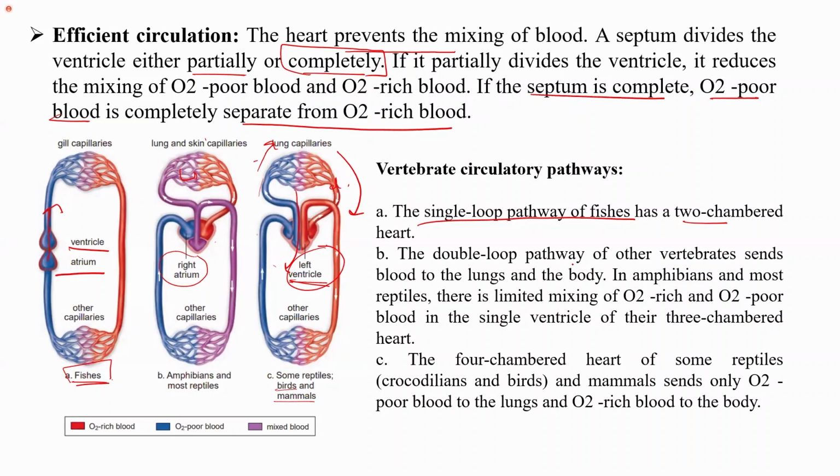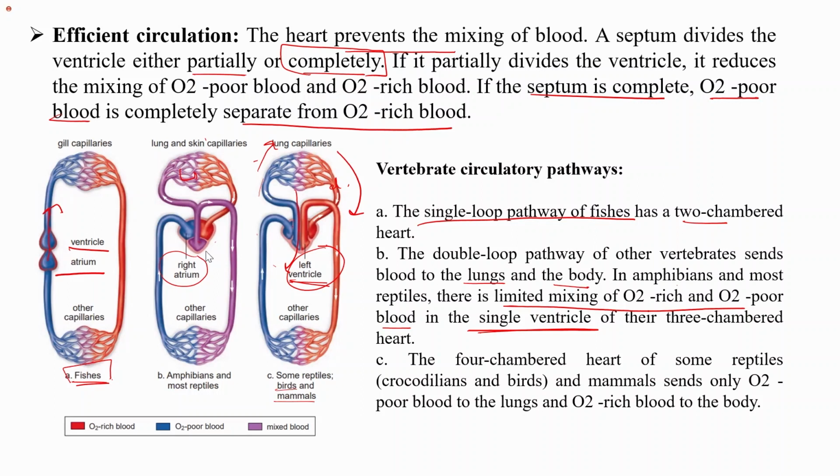Basically, the double loop pathway of other vertebrates like amphibians and reptiles sends blood to the lungs and the body. So in amphibians and most of the reptiles, there is a limited mixing of oxygen-rich and oxygen-poor blood in the single ventricle.